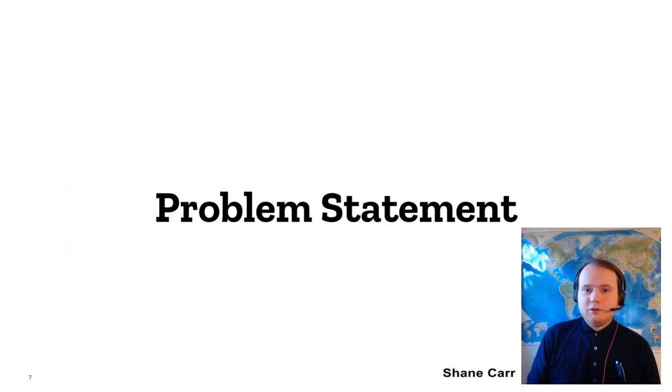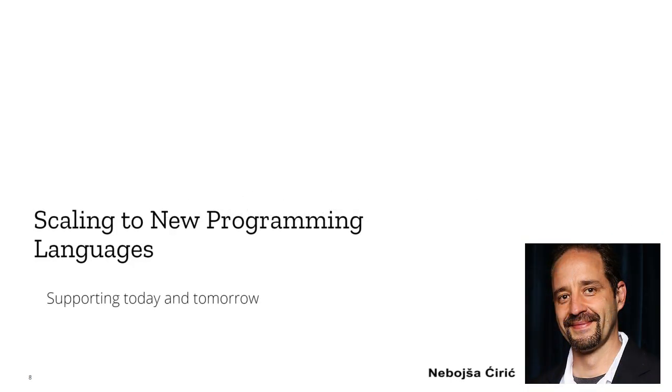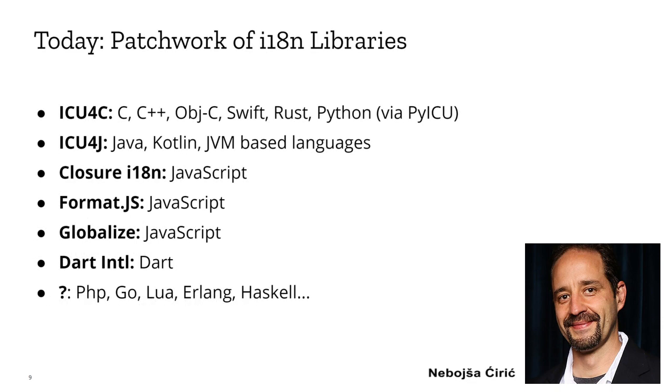Now we will go to the problems that we are solving with ICU4X. There are three main facets: scalability, on-demand data, and modularity. The first goal is ability to scale to most programming languages, or write i18n logic once and use it everywhere. There is a large number of i18n libraries today of varying coverage and quality.